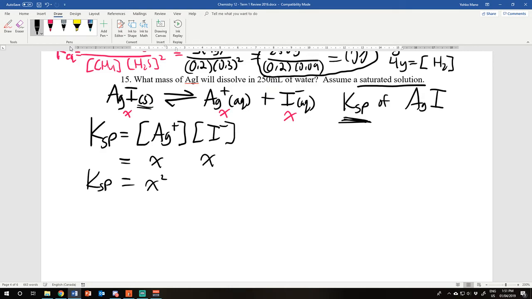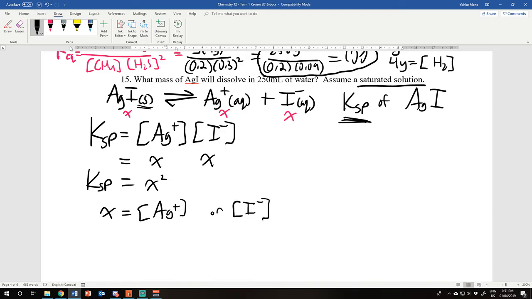So we can use this to calculate the concentration of silver ions. Or if you feel like it, you can use this to calculate the concentration of iodide ions. It doesn't really matter at the end of the day.